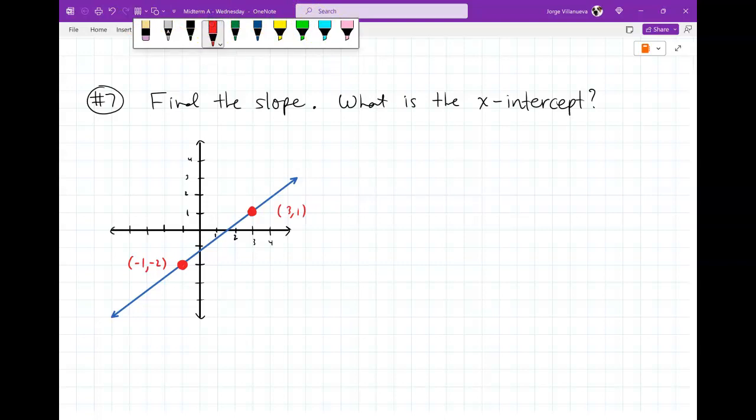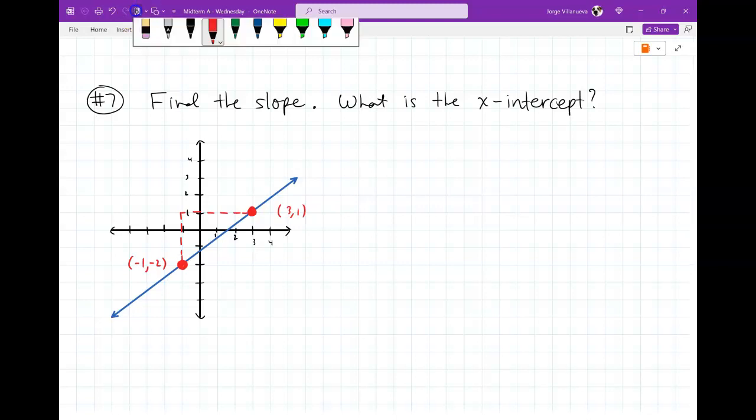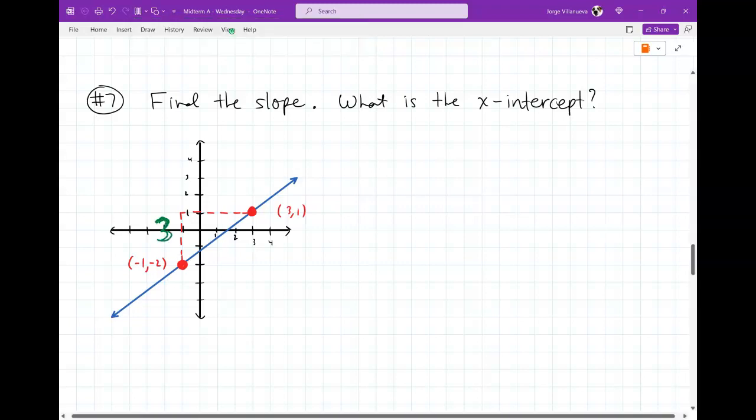So I'm going to draw these little markings here. From left to right, how high do I have to go up to get to the next point? I think someone said it. How high? 3. I have to go 3. Okay, I'm going to make this a little bit extra bold there. 3 up, and how many to the right? 4.